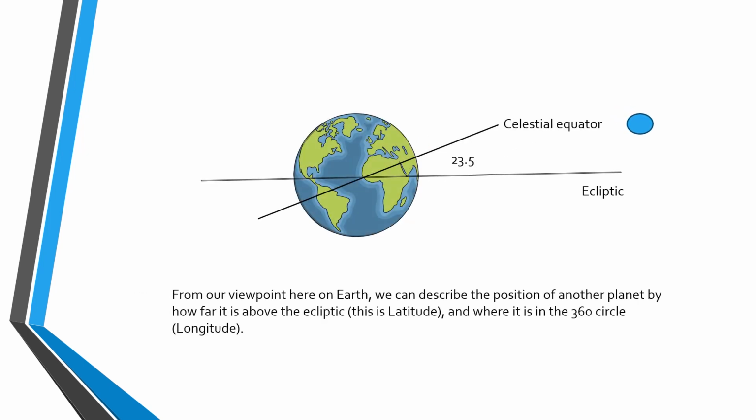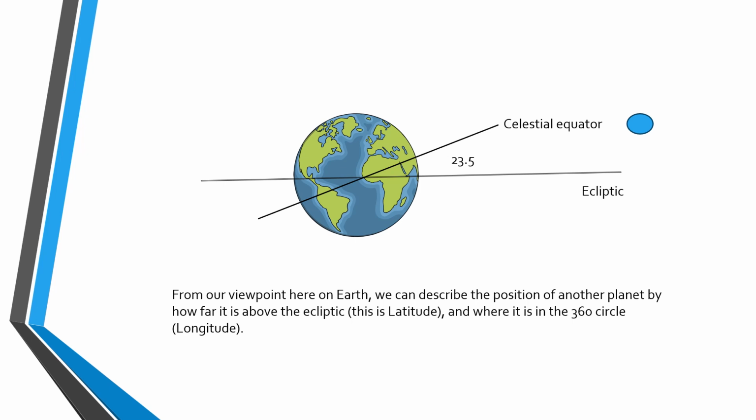Now, there's another way that you can describe the position of a planet, and that is using what I call the geocentric method. So here we are standing on Earth. We can look out into the night sky and we can see various planets at various times of a given month. So how do we describe the position of the planet that we see out in space? You're going to do it again in terms of two coordinates.